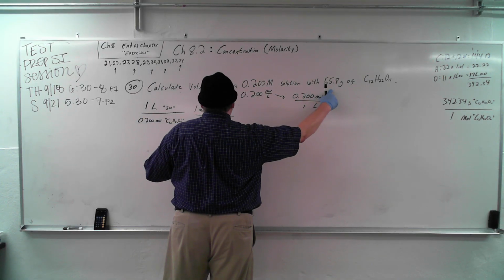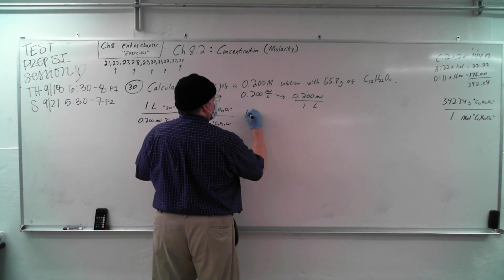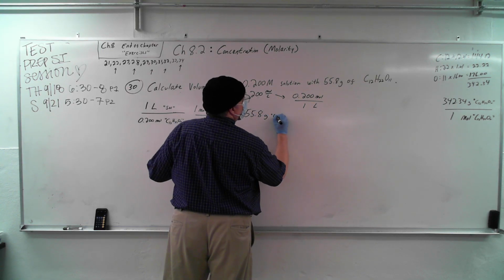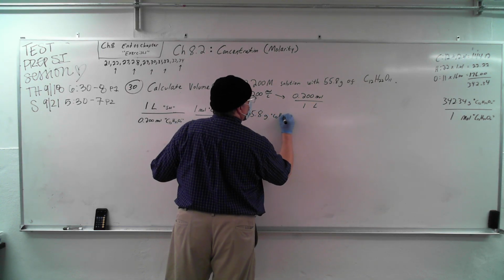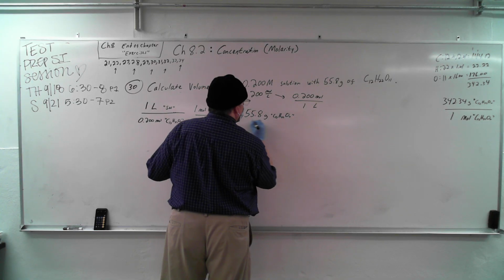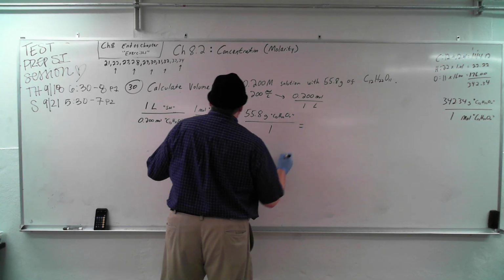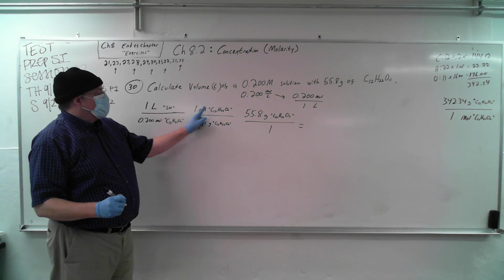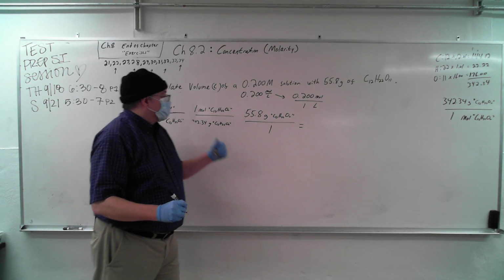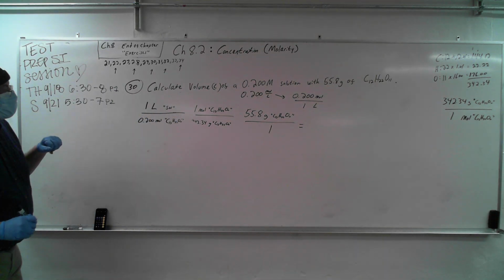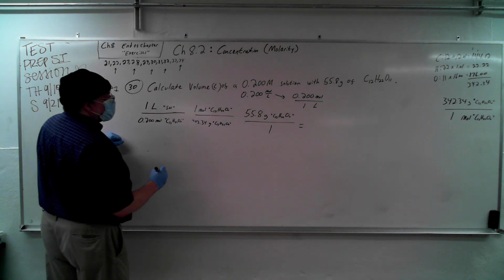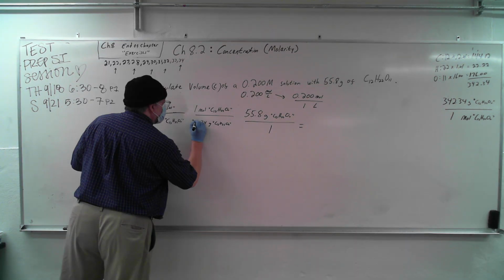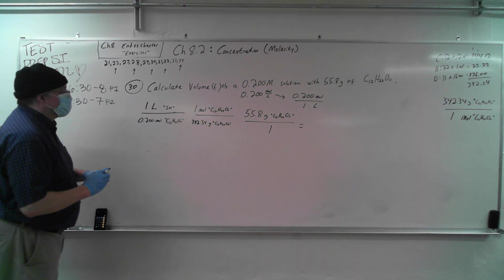And I'll do it with this. And that, I think, does it. Moles of this cancel, grams of this cancel. I've got nothing but liters left. And I've used everything. That'll do it.